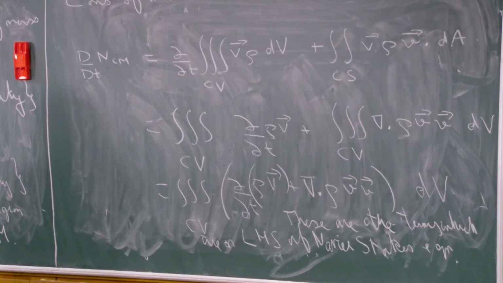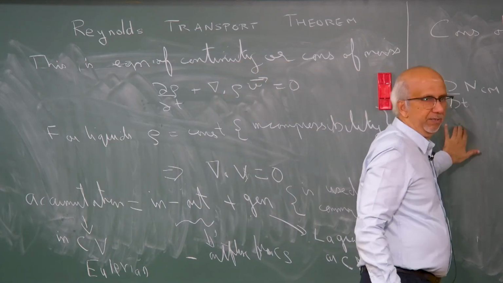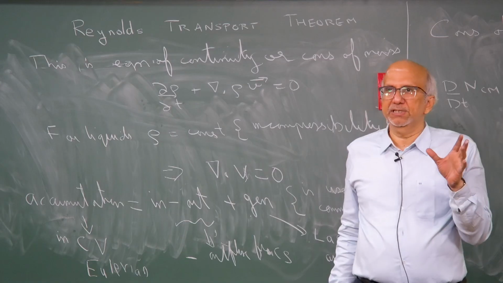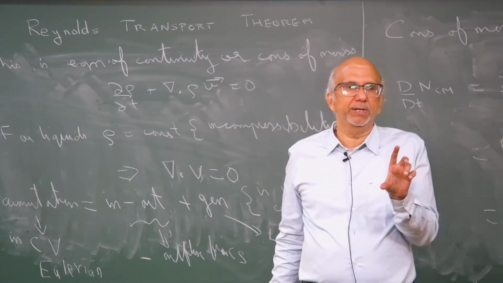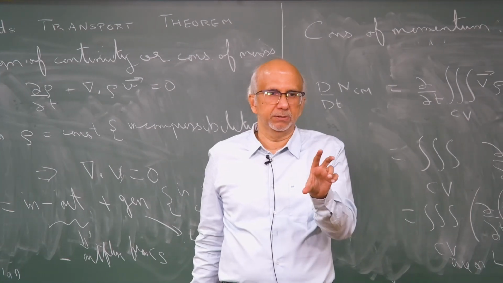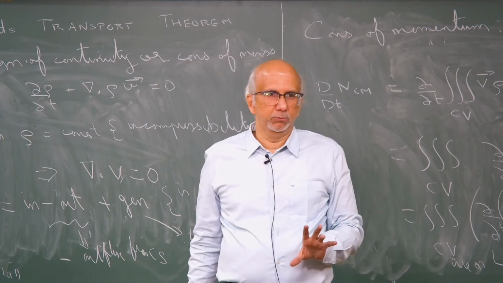I am just telling you that we are very close to this. But what about this term here? This is basically talking about the rate of change of momentum of a control mass. What is that equal to?